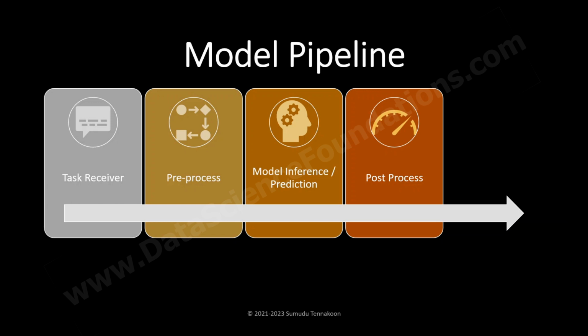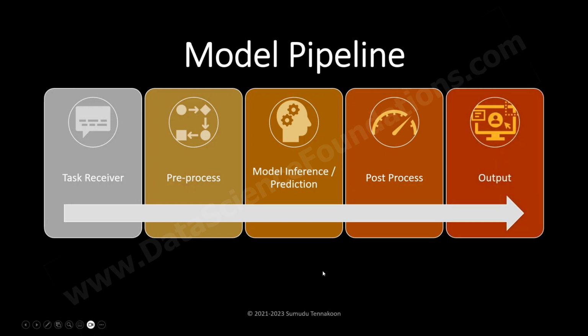We may need to apply some guardrails and regulations to make sure we are not sending wrong information out there, just because it was generated by the generative AI model. And finally, we will send the output back to the user. It could be another user interface which is going to send the output.